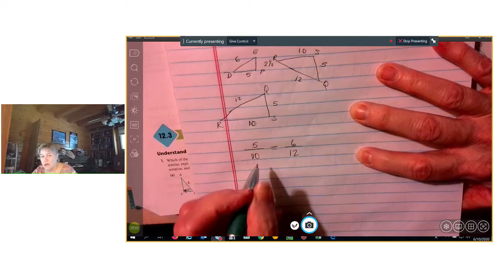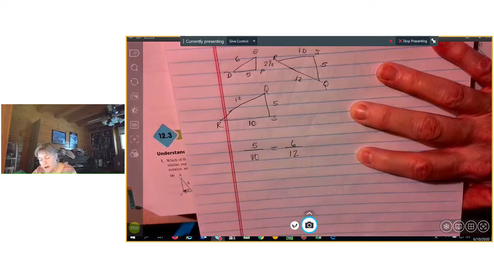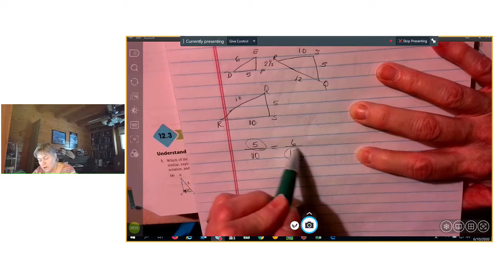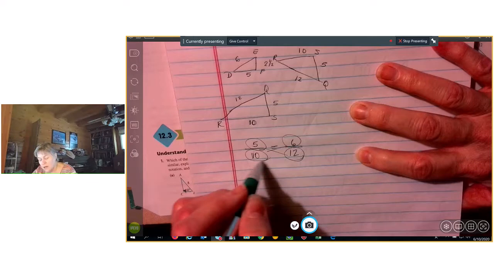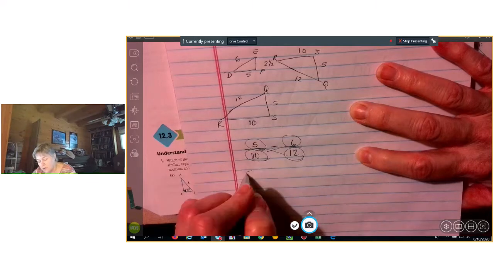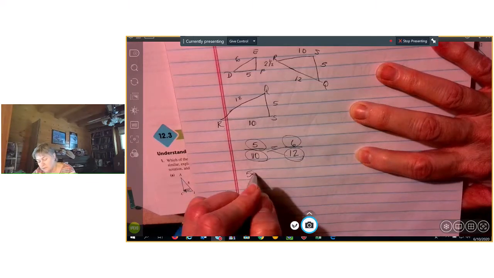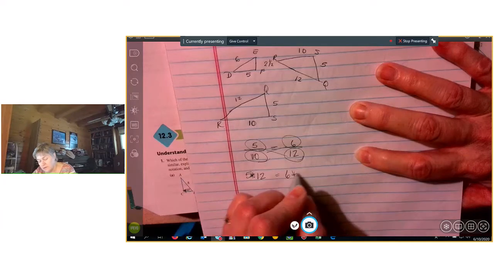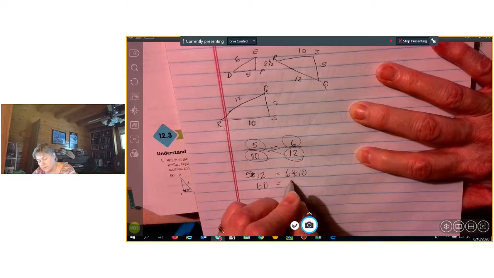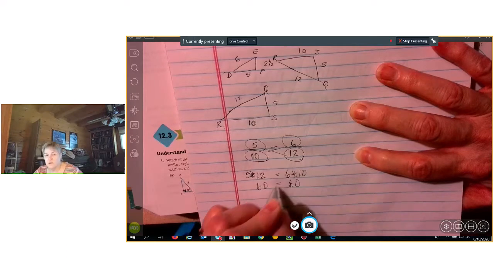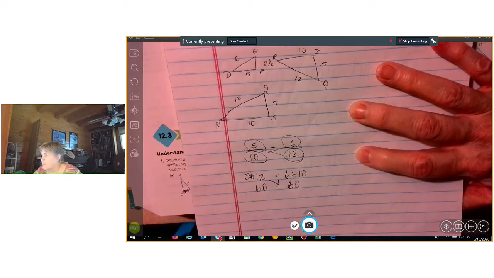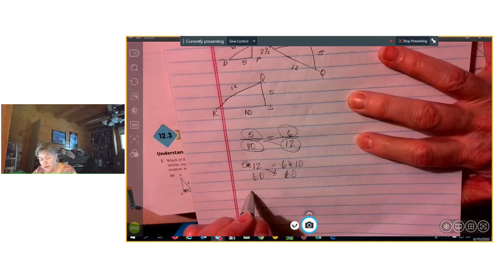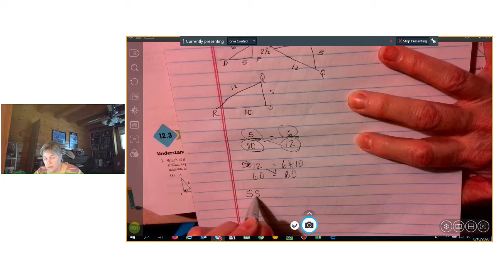And even though I'm not searching for an X, I can still multiply across and say that 5 times 12 is equal to 6 times 10, and 60 equals 60. So yes, these two are similar. So this is actually going to be a side, side, side property that we're using.